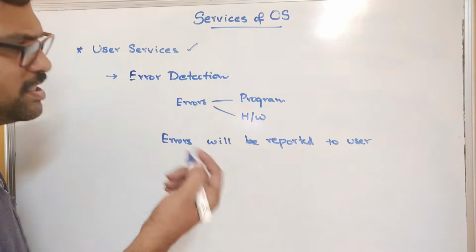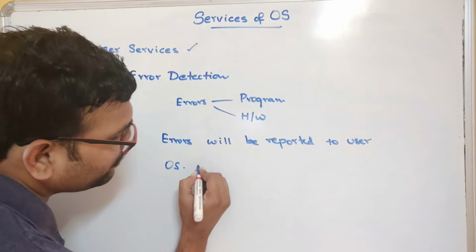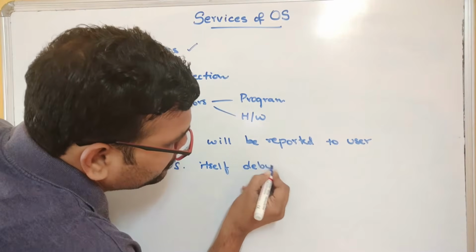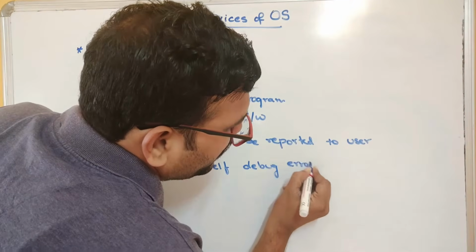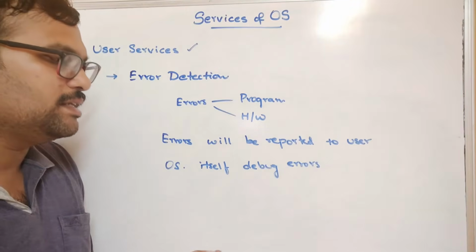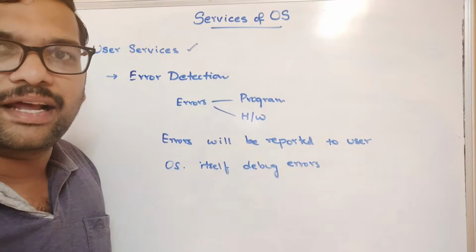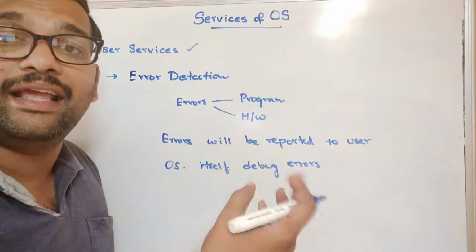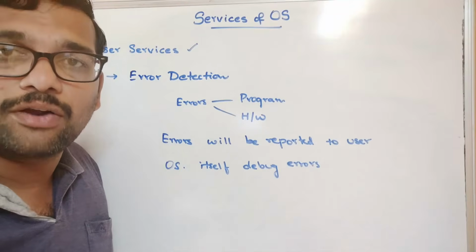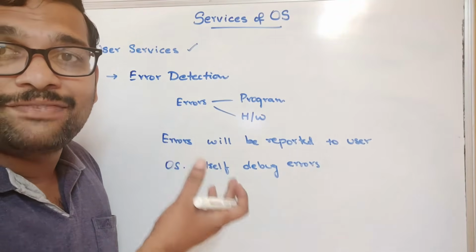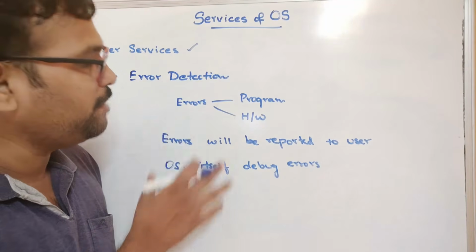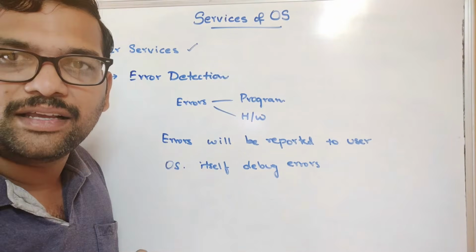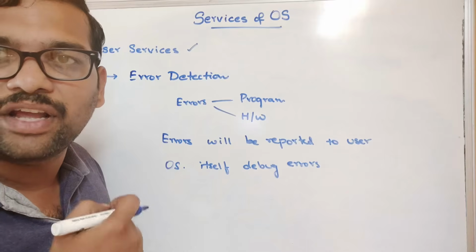Sometimes the OS itself debugs the errors. If an error occurs, the OS itself debugs it. Otherwise, the errors will be reported to the user so that the user can take appropriate action to resolve them. This is maintained by the operating system, and by using this, the system can work consistently without any errors.